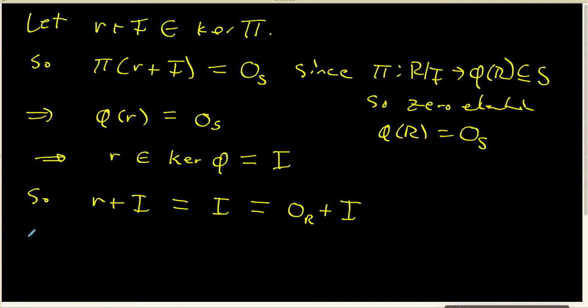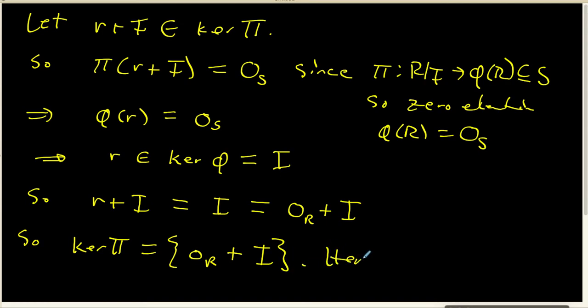And so the upshot of this is that the kernel of pi contains exactly one element, and that one element is indeed 0 plus I. And that says that pi is 1-to-1.